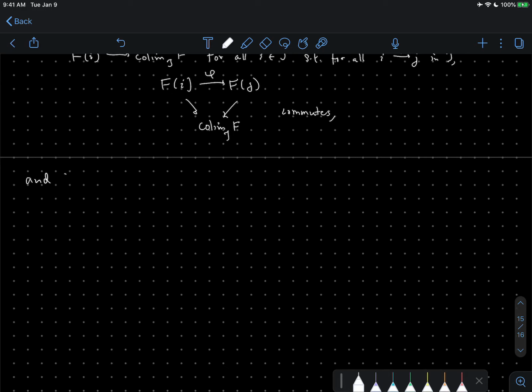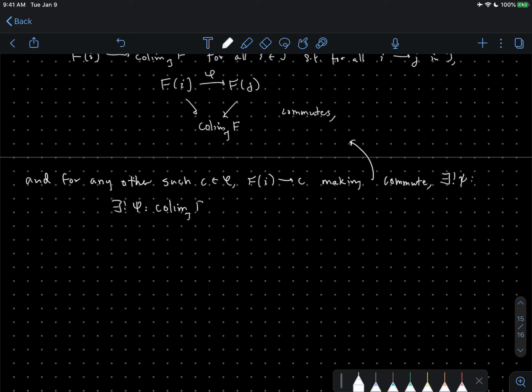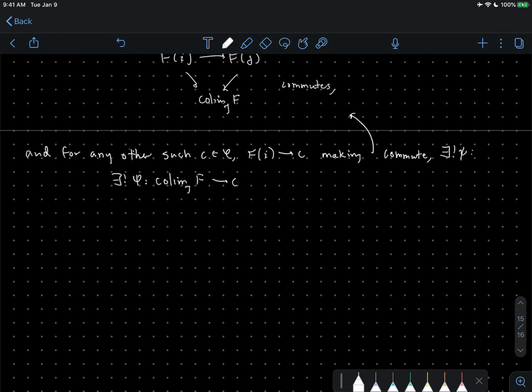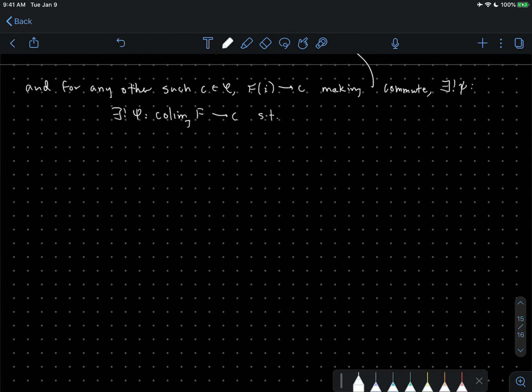And for any other such C in C with maps from F of little i making the same thing commute, there exists a unique morphism from the colimit over I of F to C such that this diagram commutes.